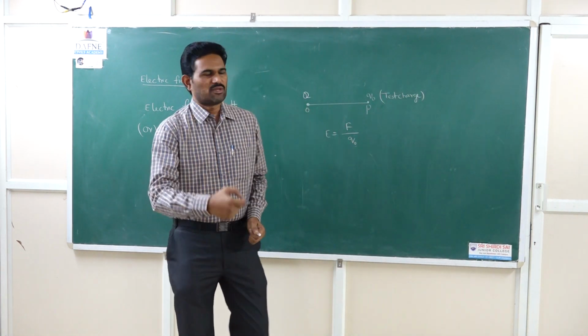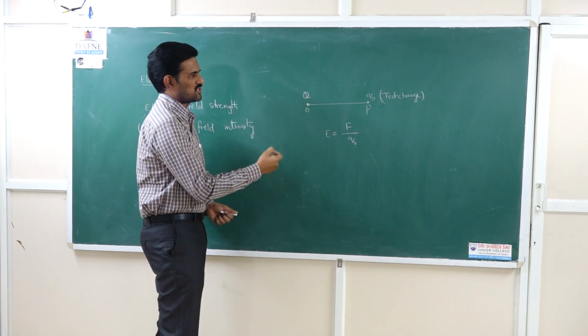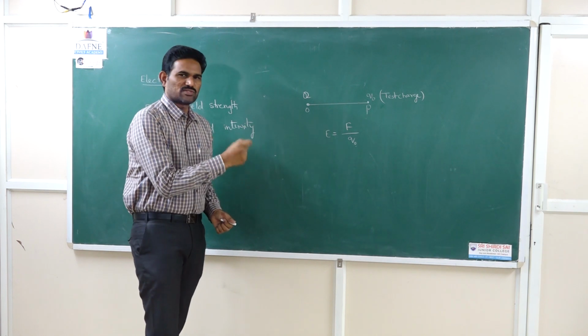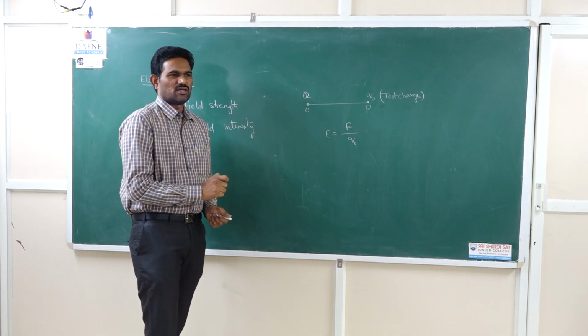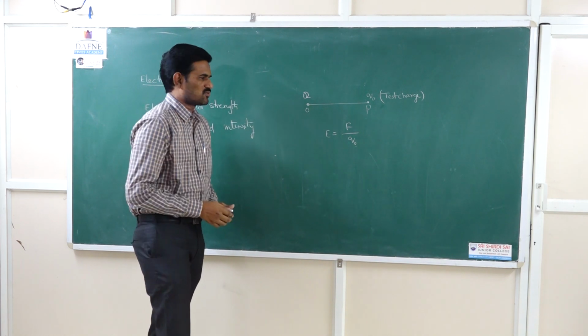If you want, you may mention in brackets, tester charge, meaning a positive charge. It is always considered as a positive charge only, and a very small charge tending to 0.